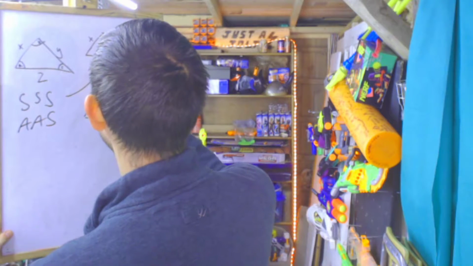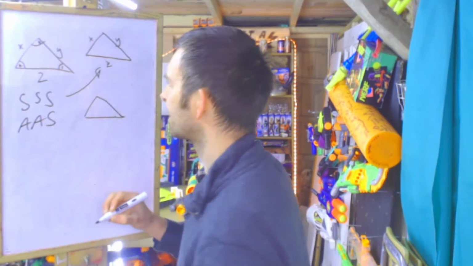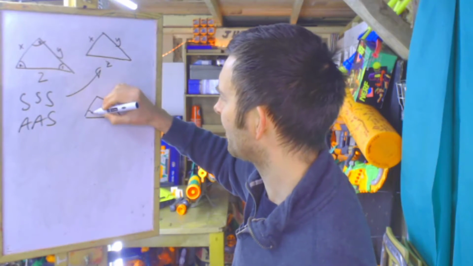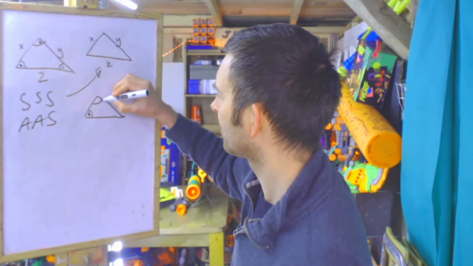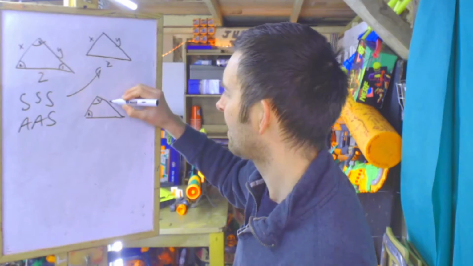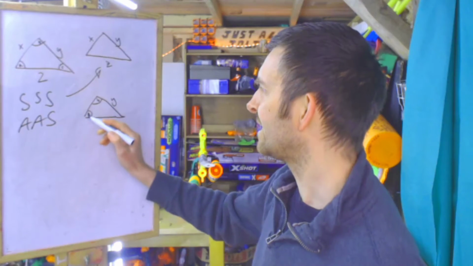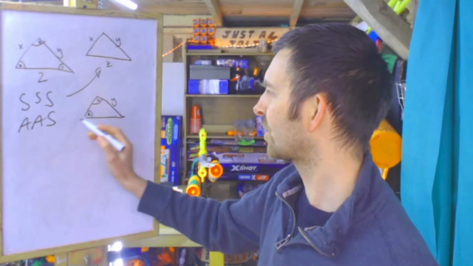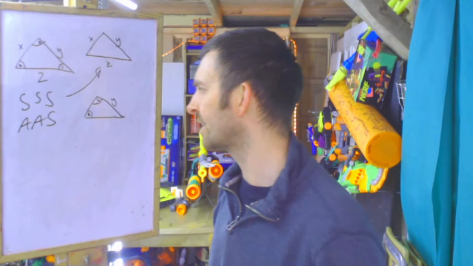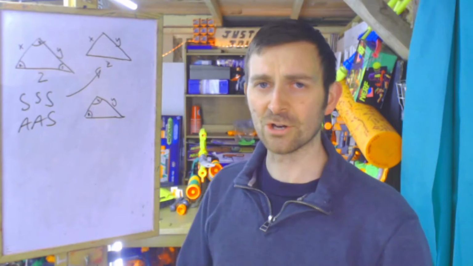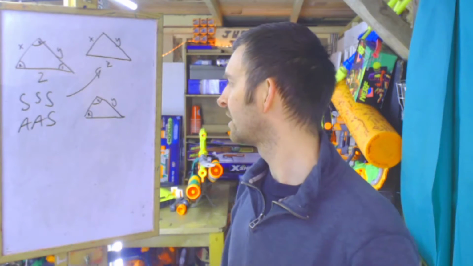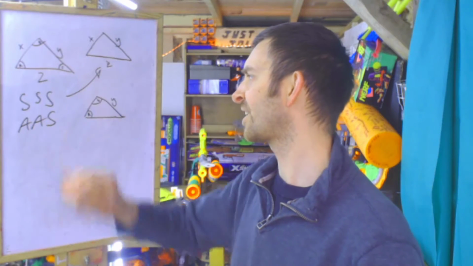That's referring to that one up there, by the way. Now, let's say that we have angle A, angle B, and side Y. If these are the same as that, just from these 2 angles and this length of side, then we know that that triangle is going to be congruent with that triangle.